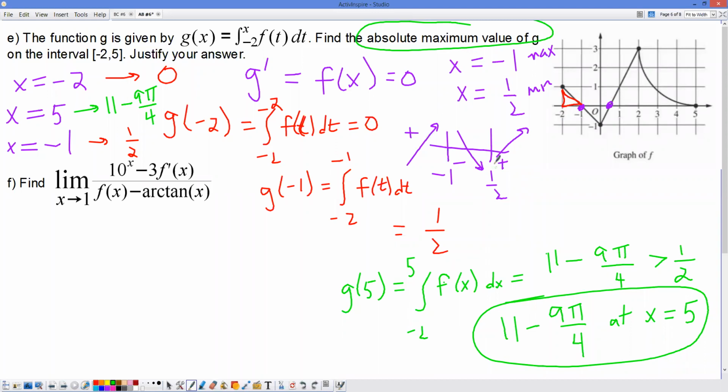And then from -1 to 1/2, all of the values of f, or the values of g prime, are negative, so the function g is decreasing. And then from 1/2 to 5, the values of g prime, or the values of f, are all positive, and so g is increasing. Does that make sense, Sean?